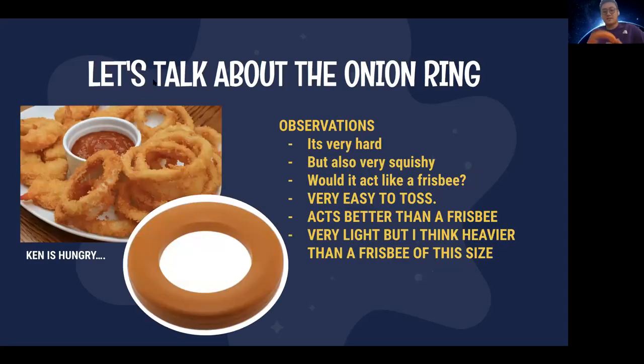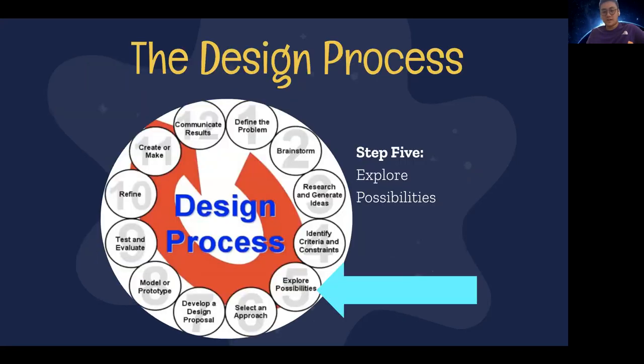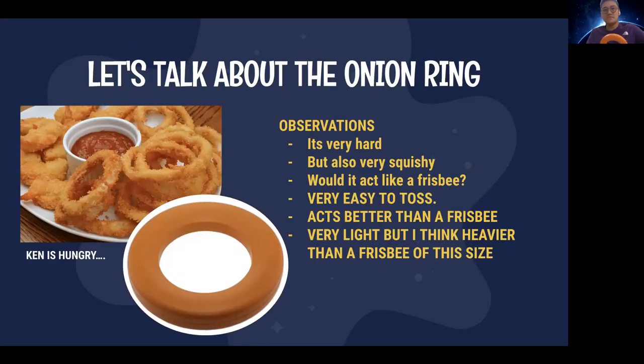I think this is another thing that you guys should talk about. My first observation is that it's more of a middle between research and constraint, in that it is a very hard object. So I'm just gonna share some observations.